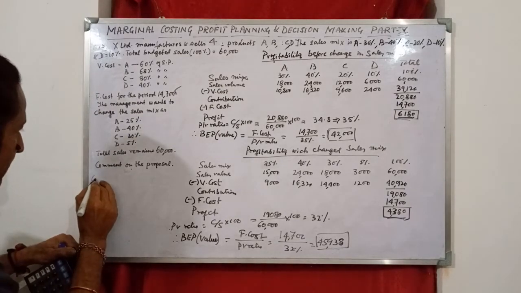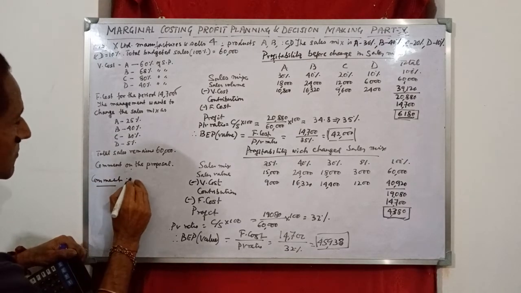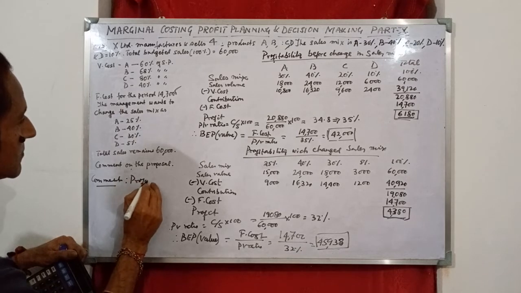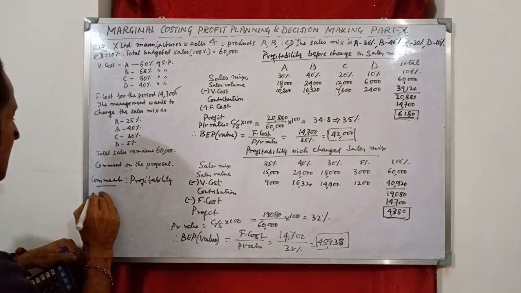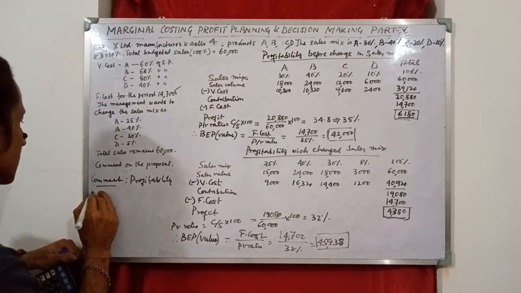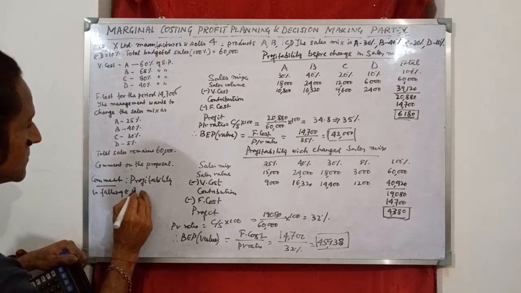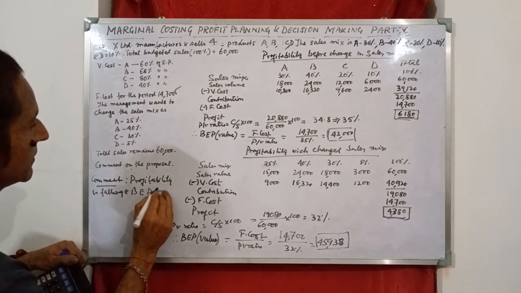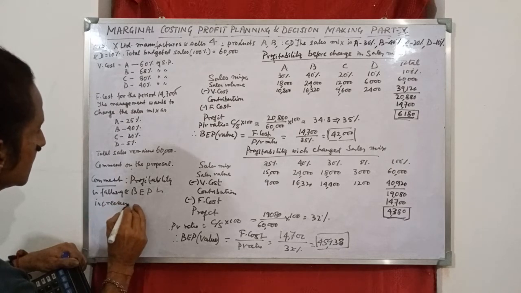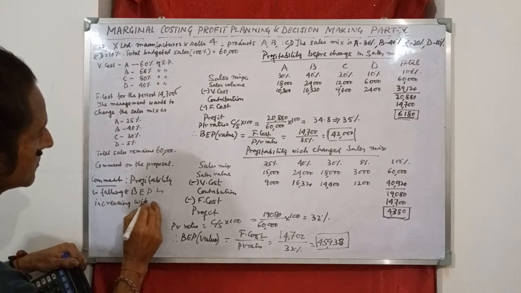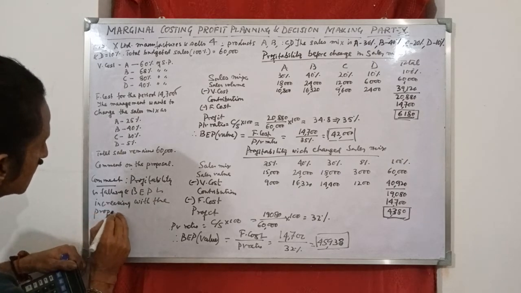So what should be our comment? Profitability is falling and BEP is increasing with the proposed changes.